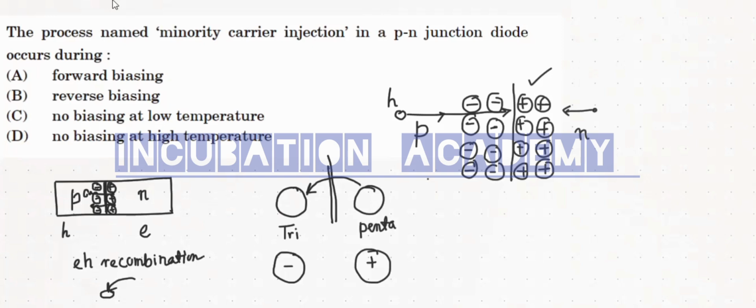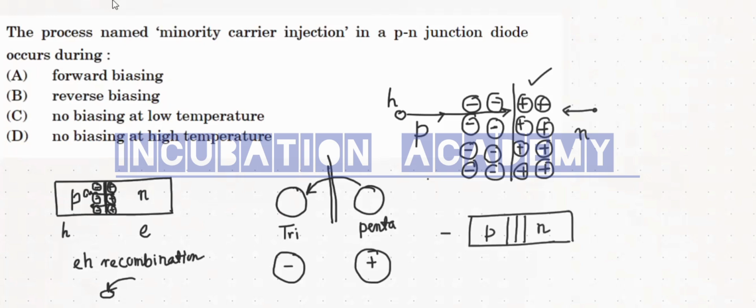Now, this diode has a depletion region on both sides of the junction, the P side and the N side. If I connect the P side to the positive terminal and the N side to the negative terminal, then what will happen?